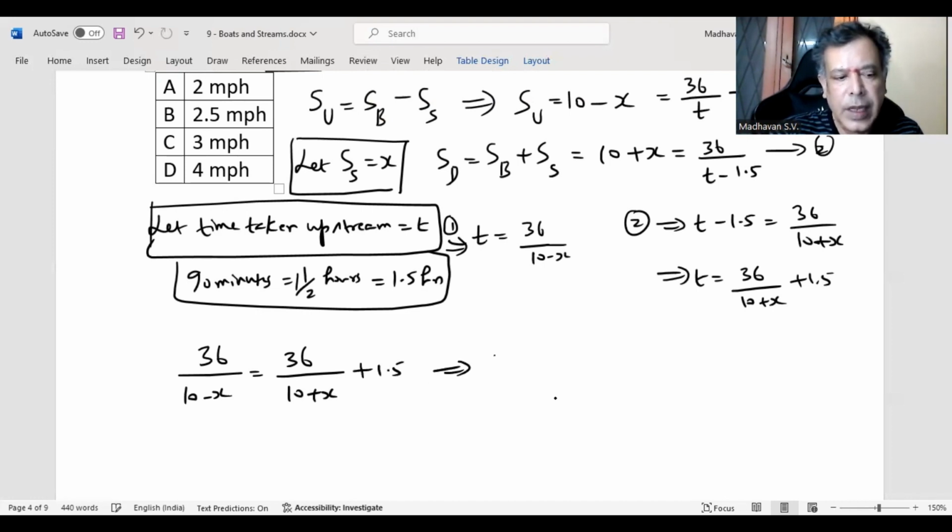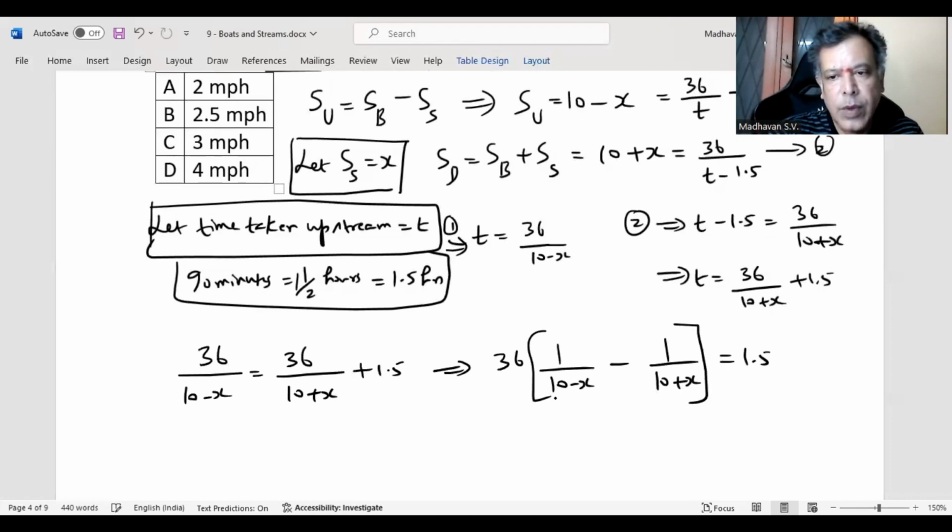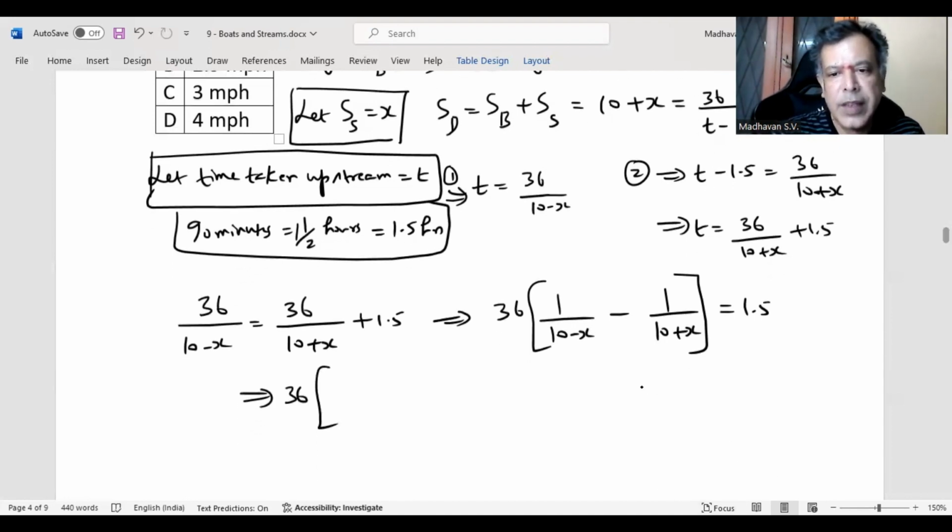That can be rewritten as 36, I can take it as common, 1 by 10 minus x. Bringing this to the left-hand side, we get 1 by 10 minus x minus 1 by 10 plus x should be equal to 1.5 by 36. The denominator's LCM is 10 minus x into 10 plus x, which is nothing but 10 square minus x square, based on a square minus b square.